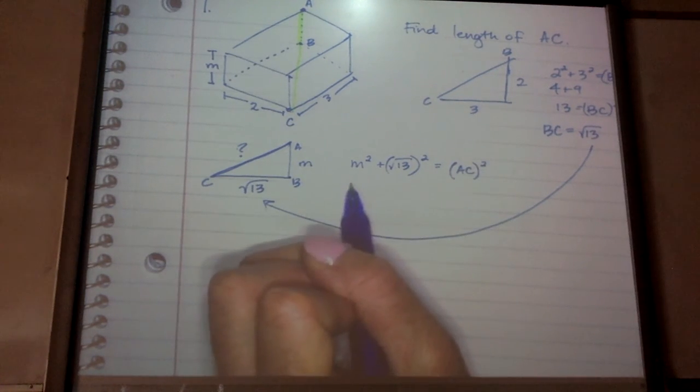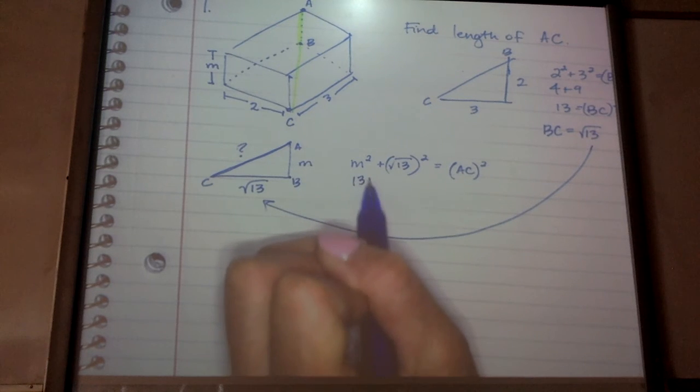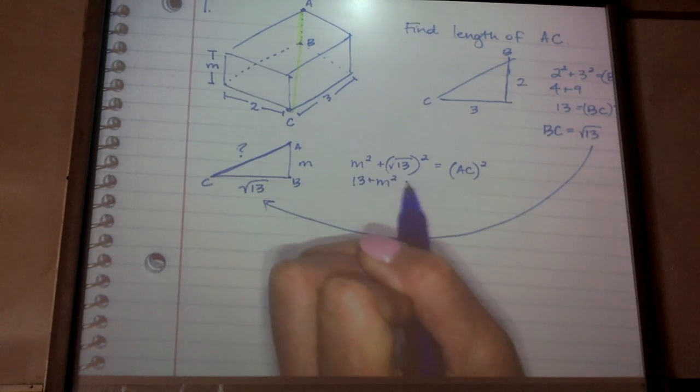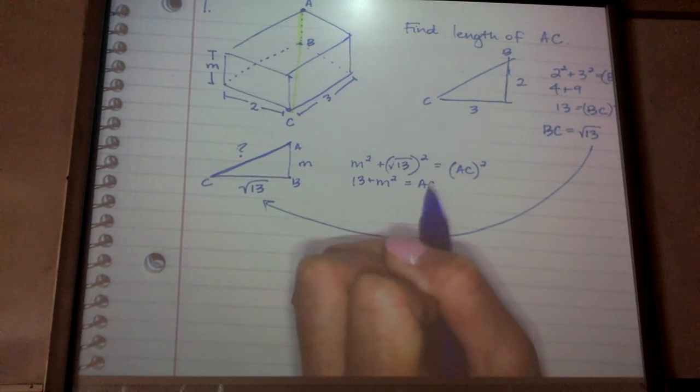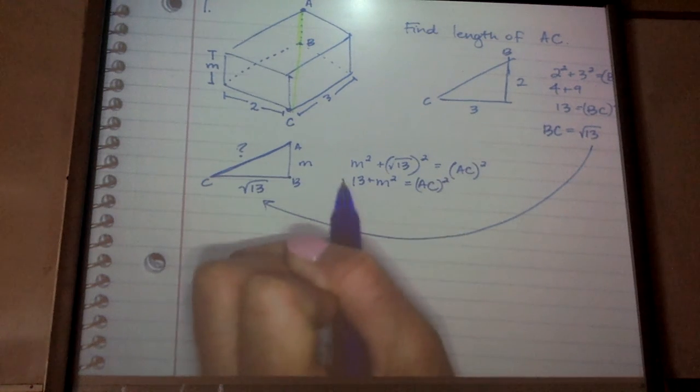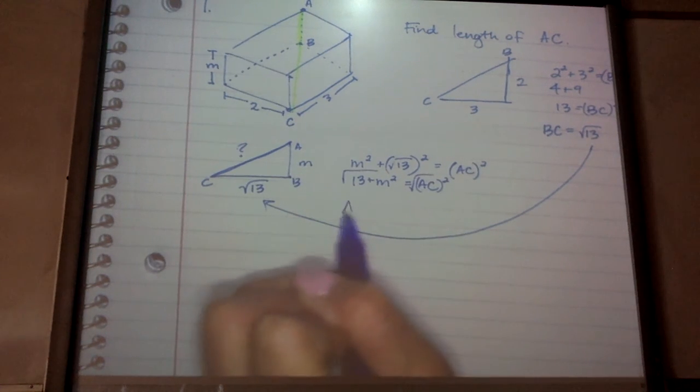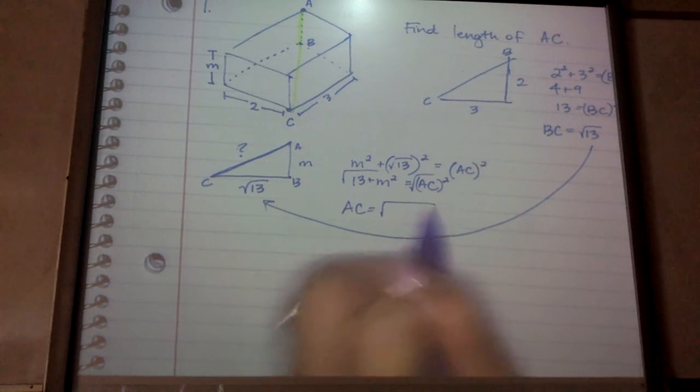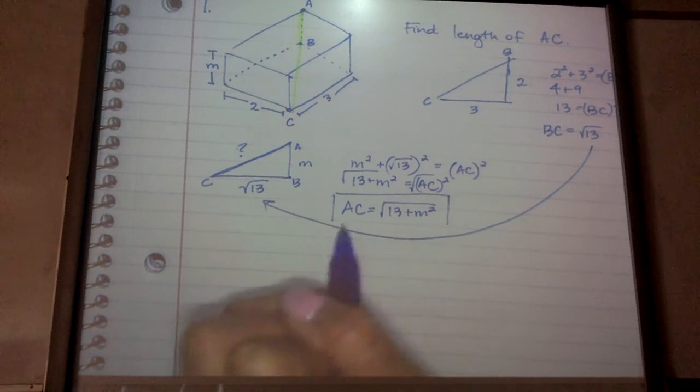So that would be 13 plus m squared equals AC squared. I would take the square root, so AC equals the square root of 13 plus m squared. And I can't simplify it any further. That would be the answer.